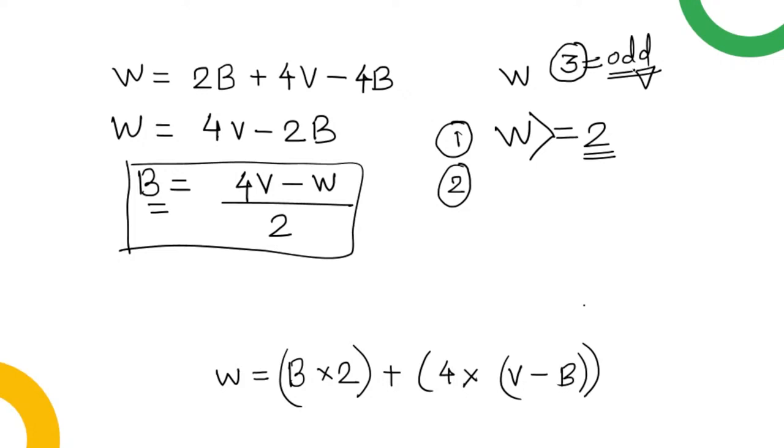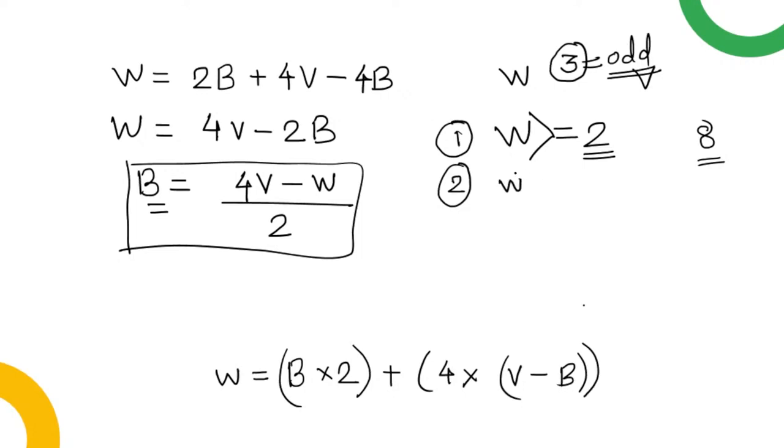Therefore the entered value of wheels should be even only. Suppose the user enters the number of wheels as 8. With 8 we can manufacture either 4 bikes, because one bike consumes 2 wheels, or 2 cars, because each car will have 4 wheels. So the second condition is that the number of wheels should be even.